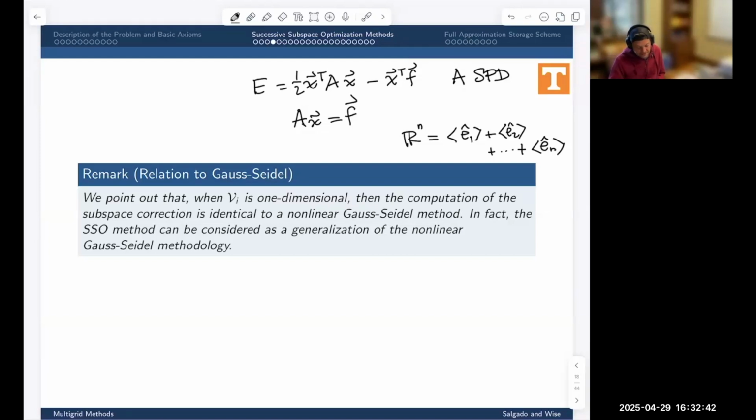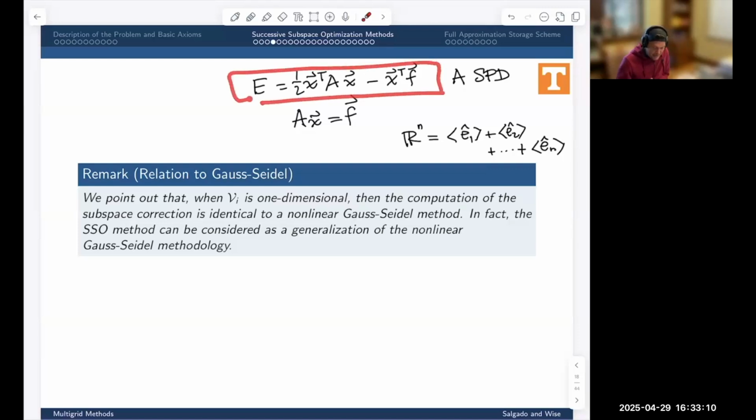Now, if I do this subspace decomposition or successive subspace optimization approach with this decomposition, then I get Gauss-Seidel. It's just the Gauss-Seidel method. So that means that successive subspace optimization is really a kind of generalization of Gauss-Seidel.